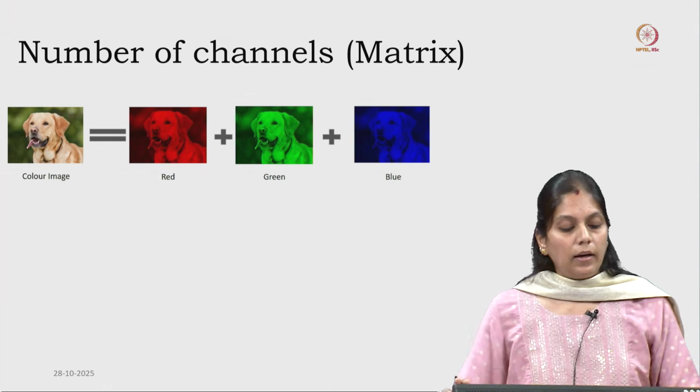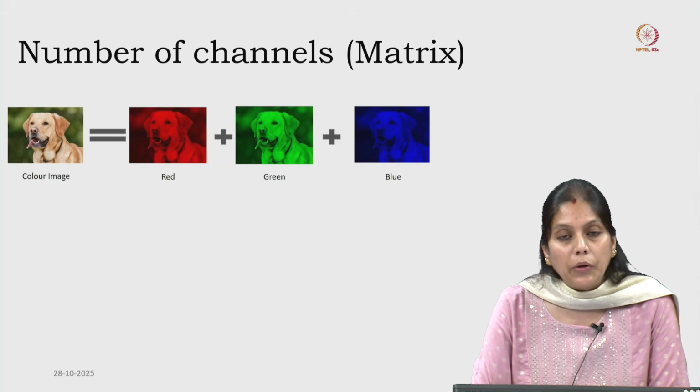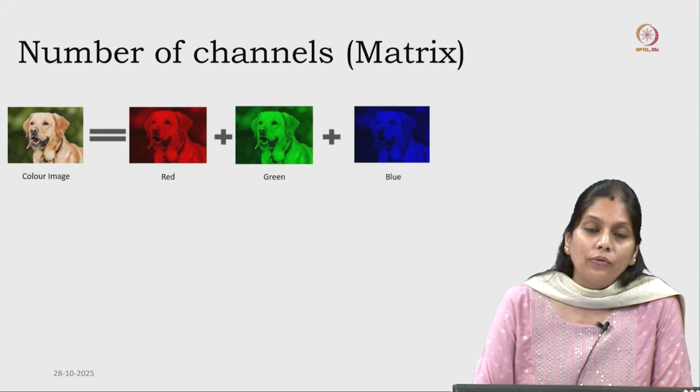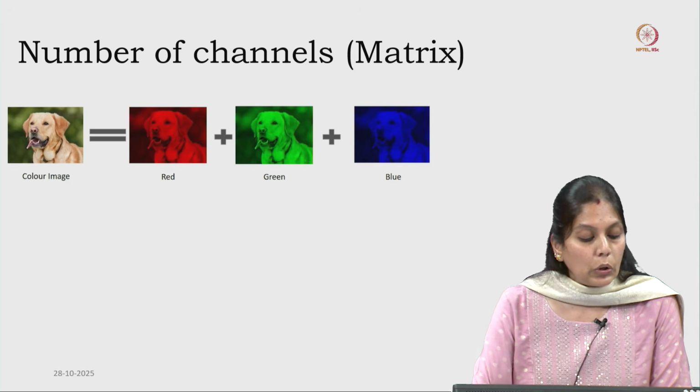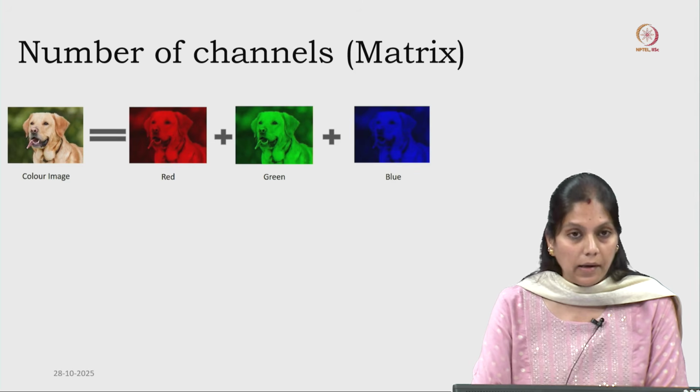Let us learn one of the most important concepts, and this is very useful when we are doing the hands-on. How many channels are there for each of these image types? What we are seeing here is a colored image.